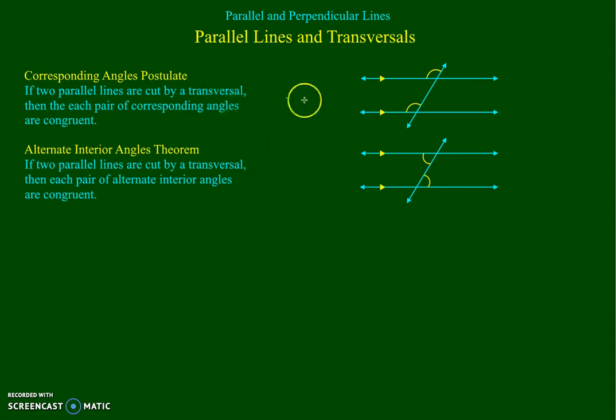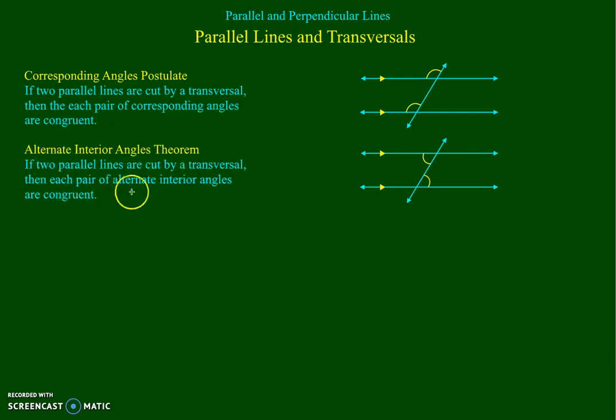But the general idea is we're going to be using this postulate to prove this theorem. But for now, it's important to understand that this angle and this angle are congruent. Also, this angle and this angle are congruent. And so, if 2 parallel lines are cut by a transversal, then each pair of alternate interior angles are congruent.